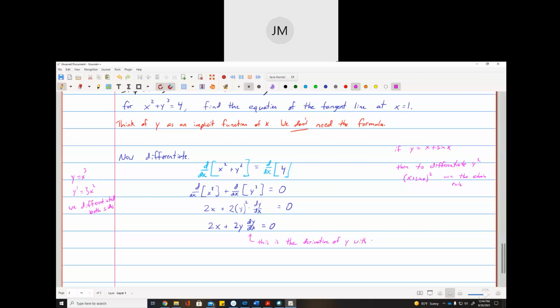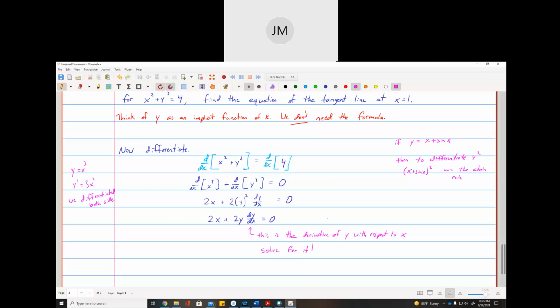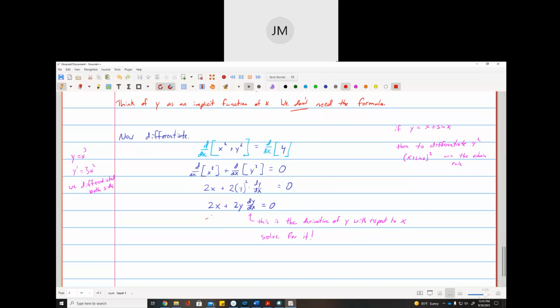With respect to x. So I never actually found a formula for y, but now I have the derivative of y involved in an equation, and I can solve for it algebraically. Okay, so I'm going to subtract 2x from both sides.